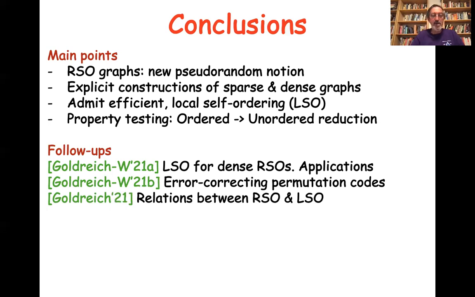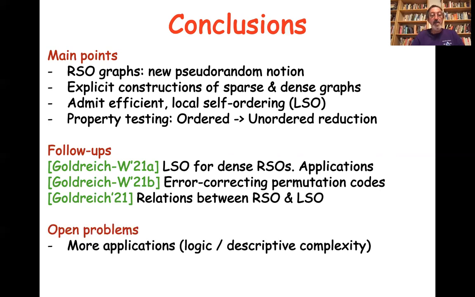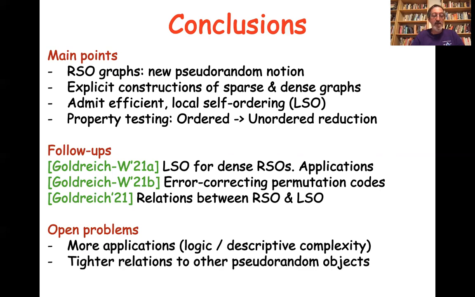In another paper, we study relations between these two notions that you can define independently, and yeah, the connections are very interesting. Open problems, there are many, I think these constructions, and especially the self-ordering procedures, can be used even in the classical setting, can have more applications.